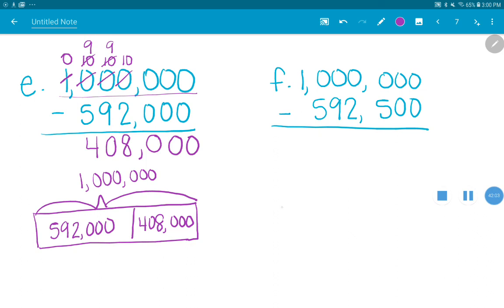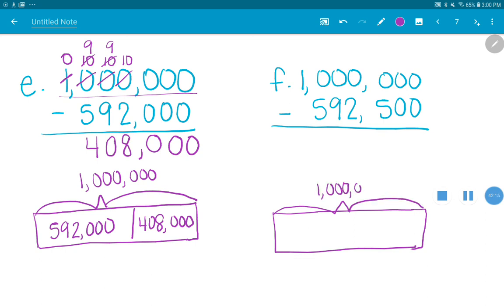So let's look at what a tape diagram for F would look like. What's the total amount that we have? Total amount 1 million. What's the part that we know? How much do you take away? Which is 592,500.